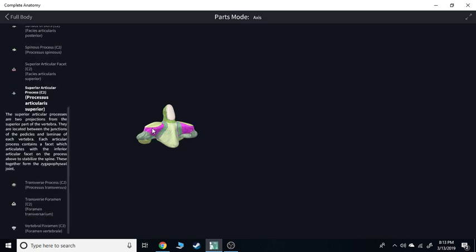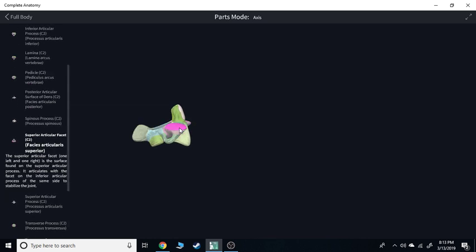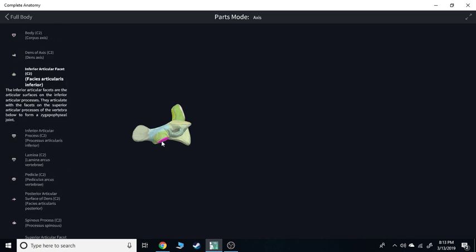Here we have the superior articular process, which holds the superior articular facet. The facet articulates with the vertebrae above it. The inferior articular facet articulates with the vertebrae below it.